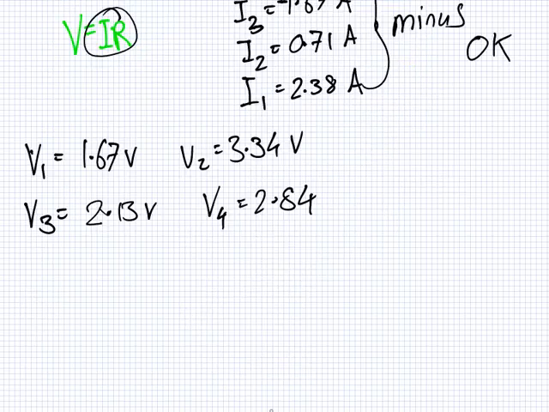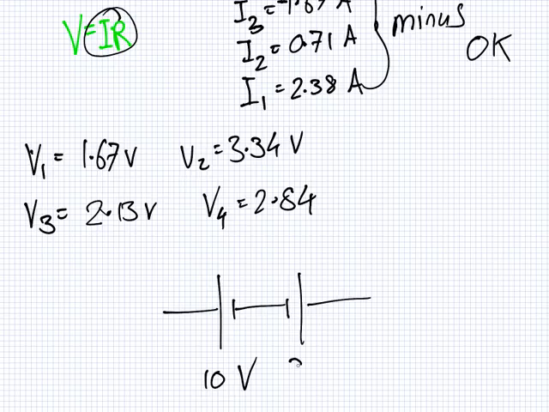And don't forget about the batteries. For example, if this one here was a 10 volt cell, and this one here is the wrong way, it was 3 volts, then what happens when I put them together?